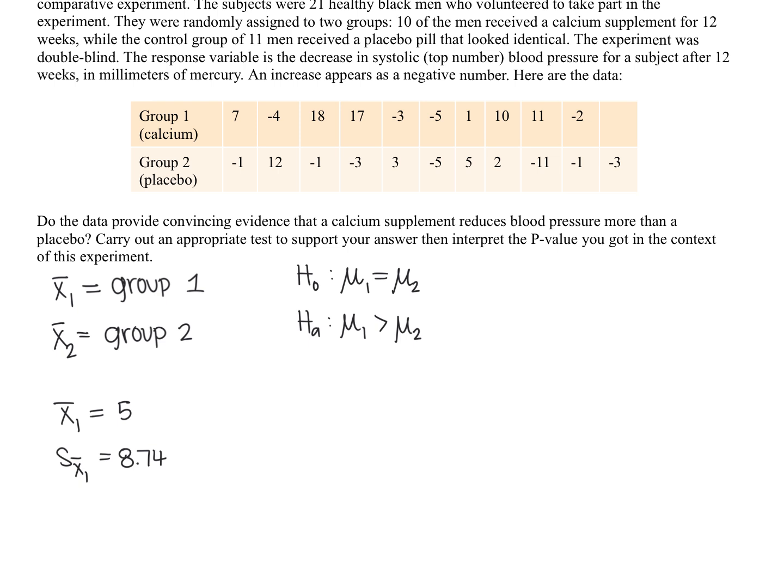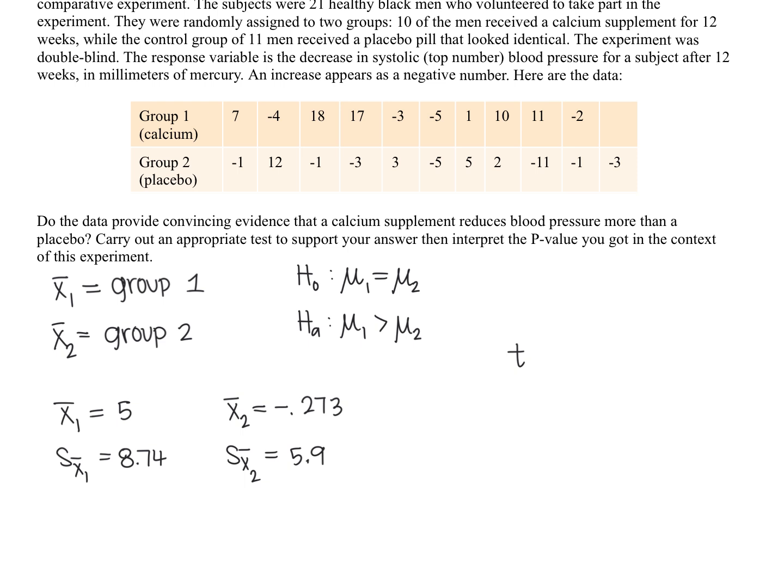And then for our second group, their mean is negative 0.273 with a standard deviation of 5.9. So a negative mean here actually means that there was an increase in their blood pressure instead of a decrease.